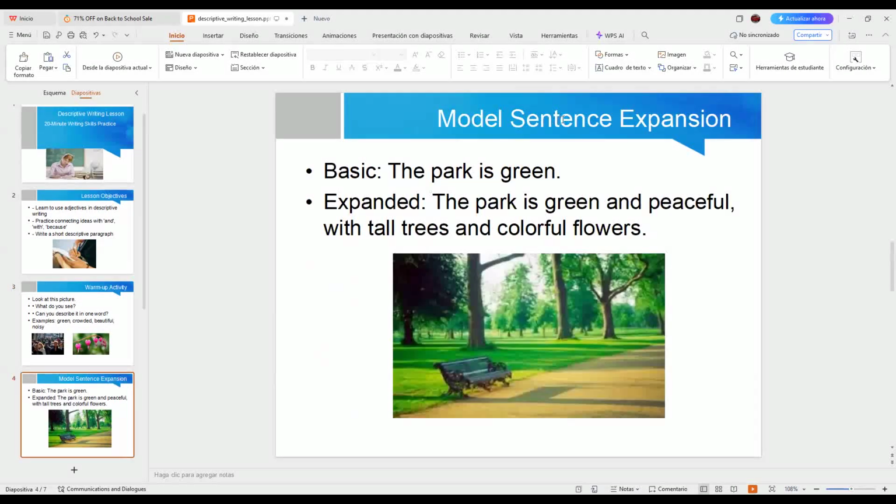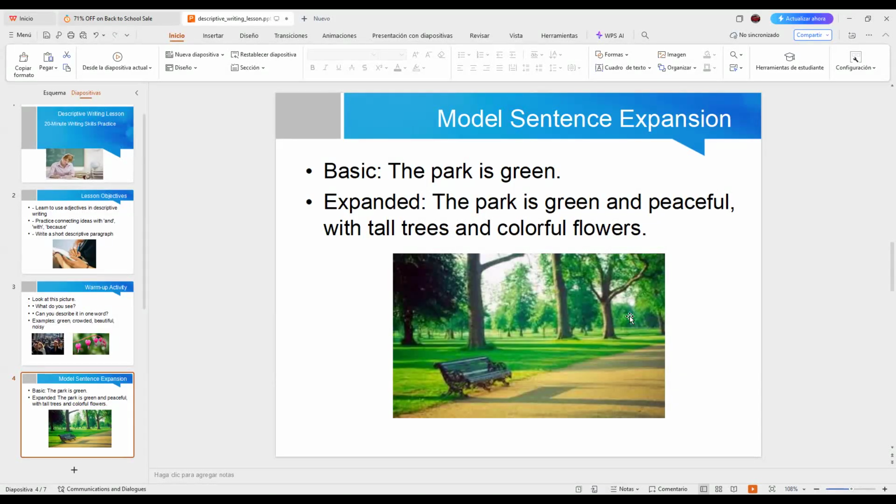Next, we have the model sentence expansion. In that case, students can imagine the park, for example, in their mind, right? We have the first structure, the park is green, right? But probably invite them to add more adjectives. What do you think about only "the park is green"?